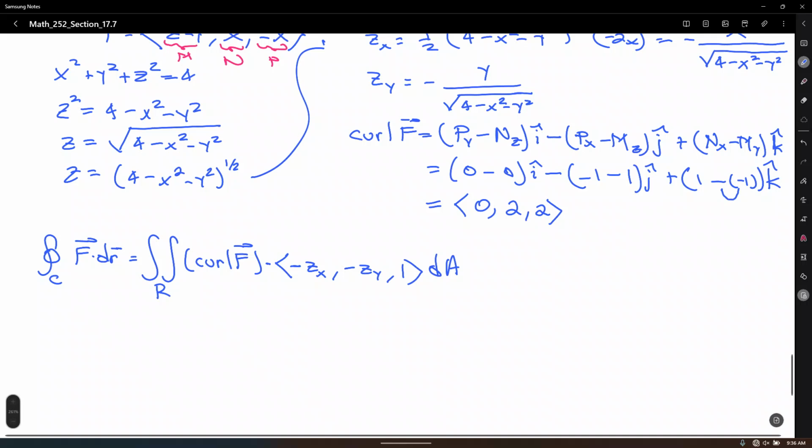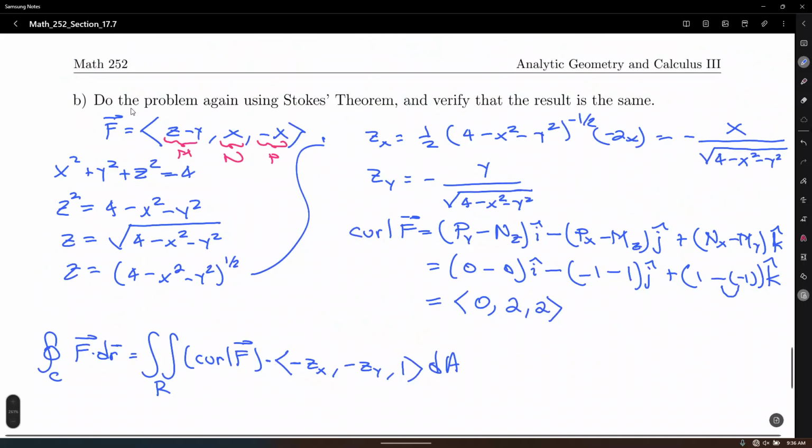No more dS, because this is the result of changing that surface area element. We already did that in the previous couple sections. So we have everything we need.